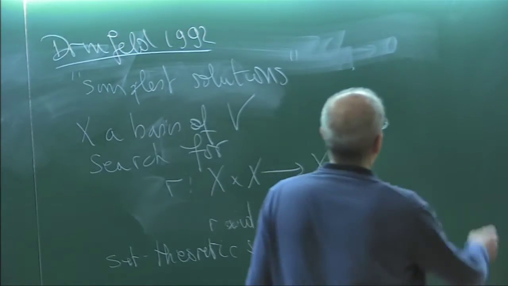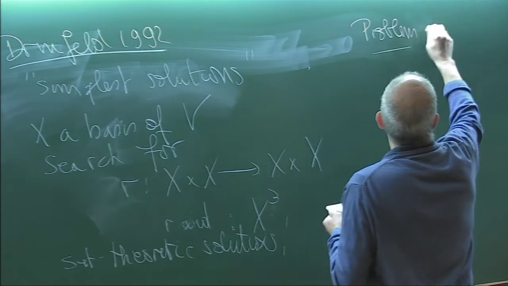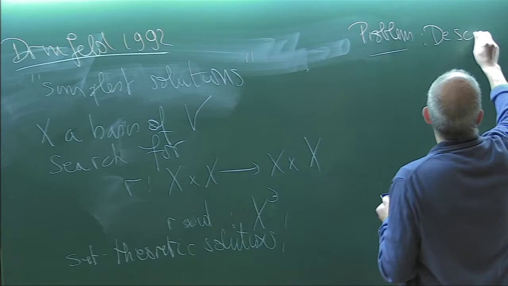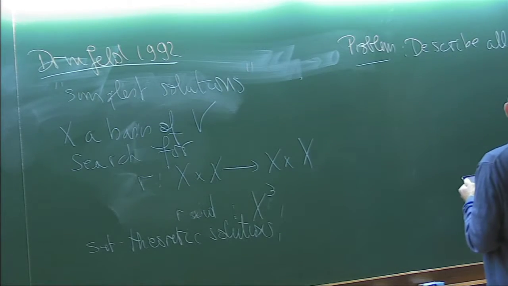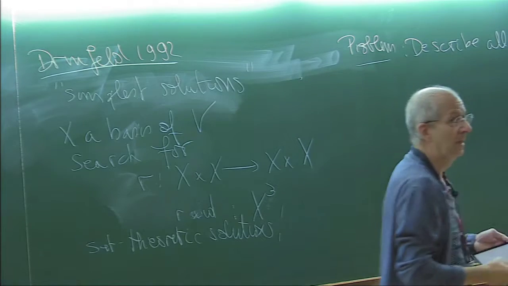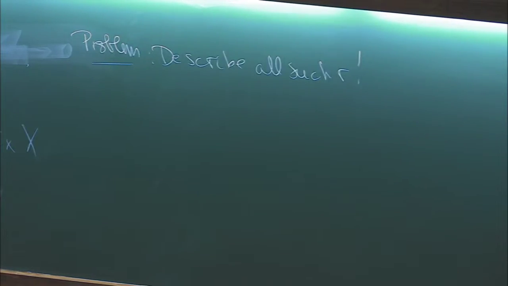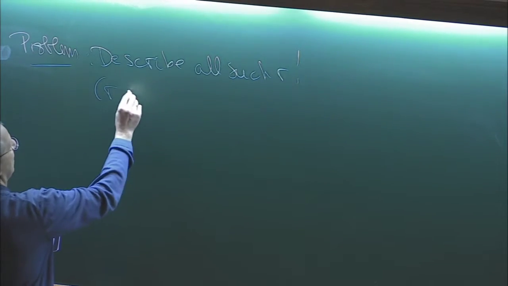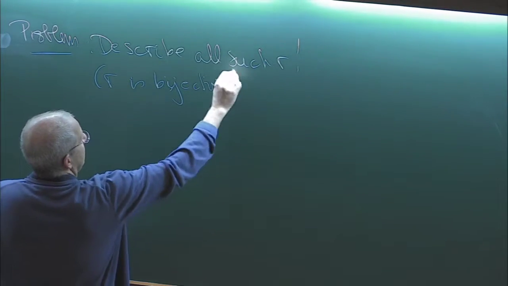And so Drinfeld posed the question: describe all such r. In his original paper, I seem to remember that he was mainly interested in when r is bijective. His first interest is r bijective, but you don't need that.